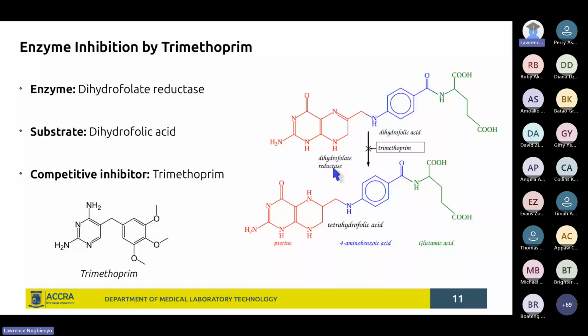So, in this process where there's a reduction of the dihydrofolic acid to the tetrahydrofolic acid, you have trimethoprim inhibiting that enzyme there. And when you look at the structure of trimethoprim, it's not so much like that.